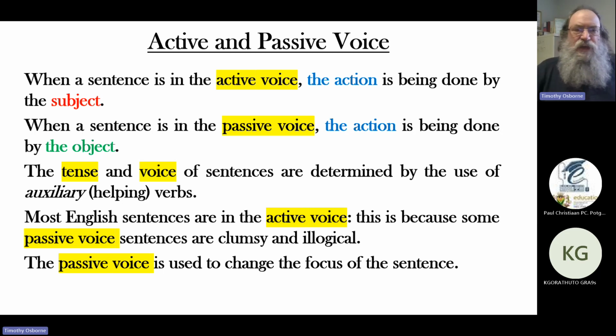I'll repeat that. It changes the focus of the sentence from the person or the thing doing the action into the person or the thing receiving the action.